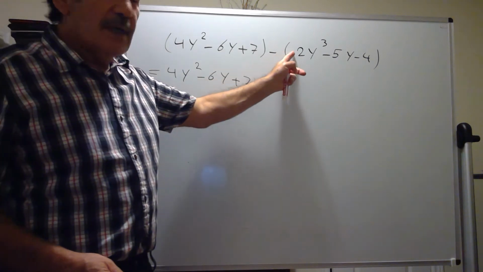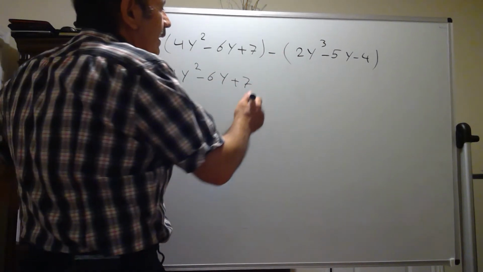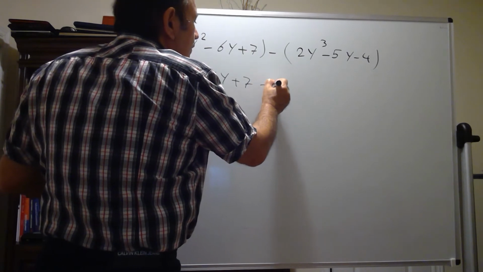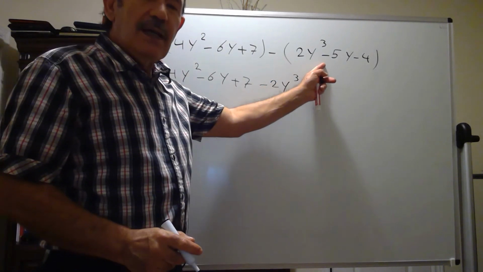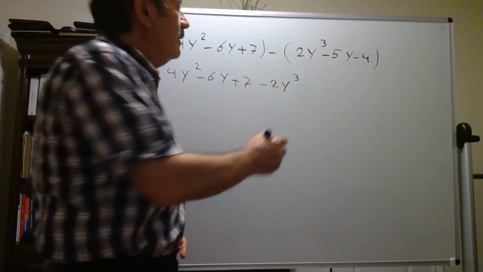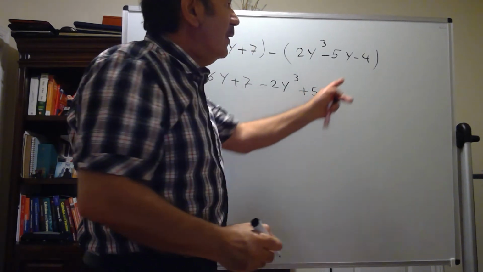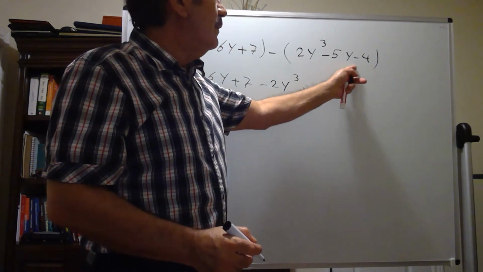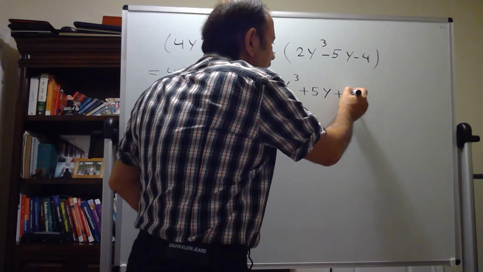This sign is positive, make it opposite, which is negative, and write it down: minus 2y cubed. This one, the sign is negative; because of this subtraction, make it opposite: plus 5y. And this one again is negative 4; because we are subtracting, make it positive, which is going to be plus 4.